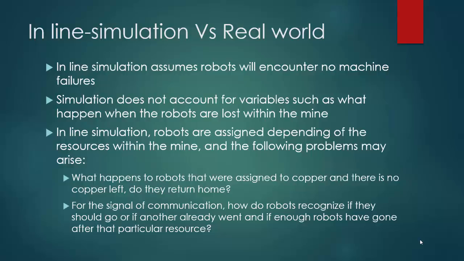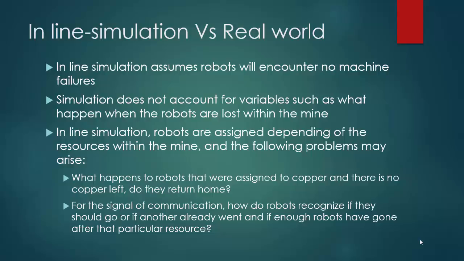But as we know, in the real world there's nothing such as perfect or 100% non-failure. Another thing is that simulation does not account for what happens when robots are lost within the mine. Let's say that robots go into resources and get lost in the mine. In the real world, humans would have to go either to fix or retrieve them, and that raises a lot of problems such as health and safety.